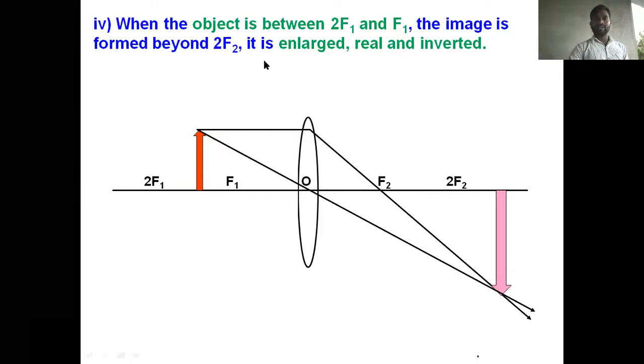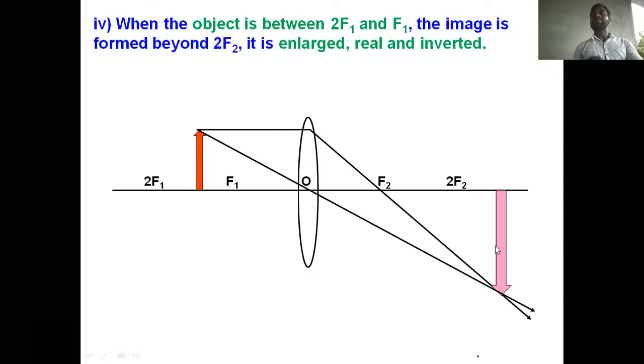Now consider the two rays. Already we know that the parallel ray after refraction passes through the focus, and the ray which passes through the optic center doesn't undergo any deviation. These two rays are meeting at one point. That point gives the formation of the image. These two refracted rays meet at this point, and this point gives the formation of the image.